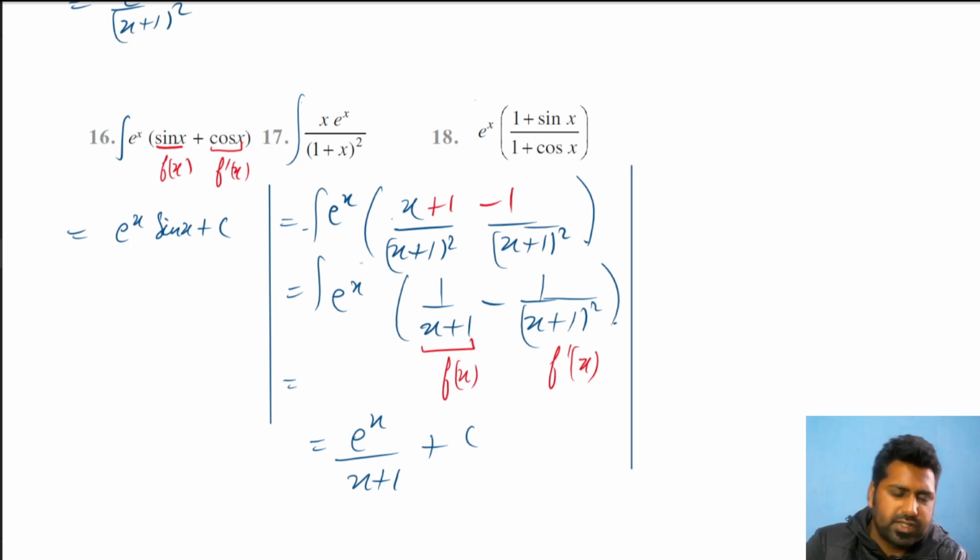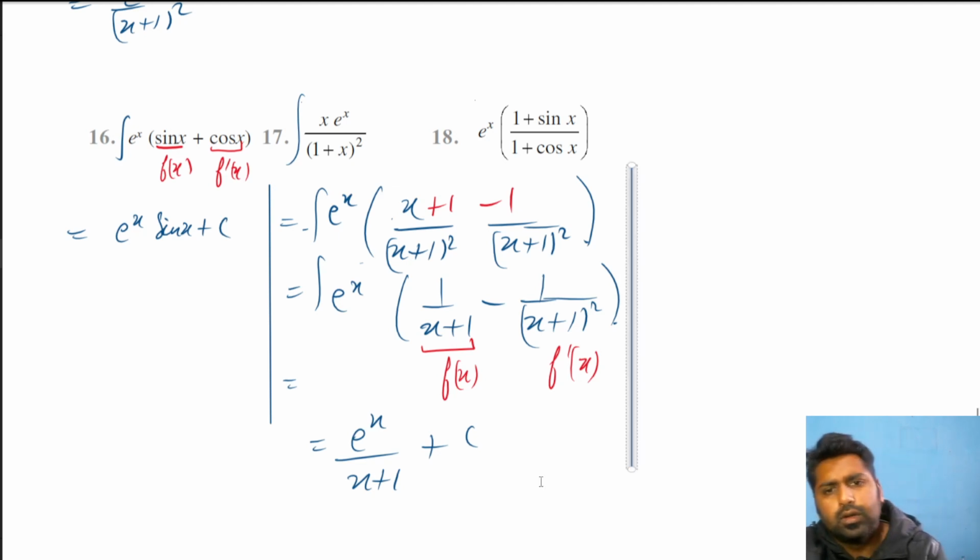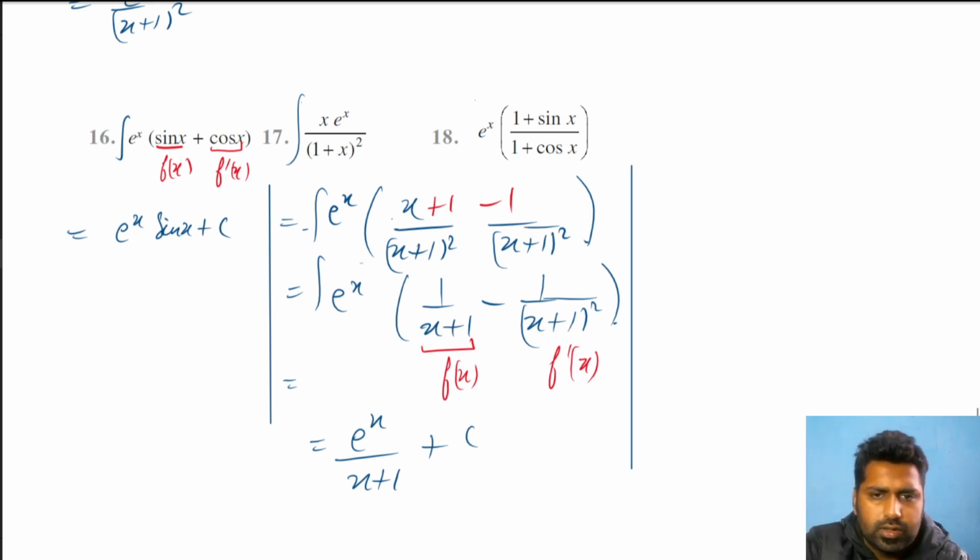Short questions will be based mostly around this. Numerator has 1 plus sine, denominator has 1 plus cos. What can you do about 1 plus cos?